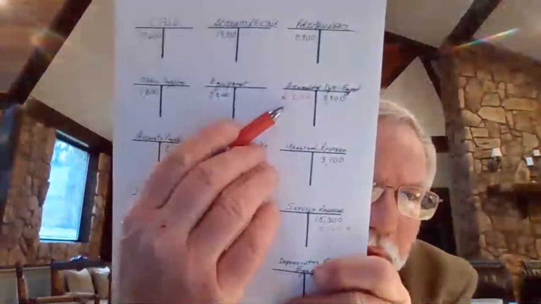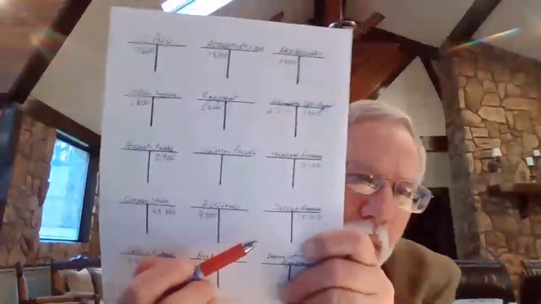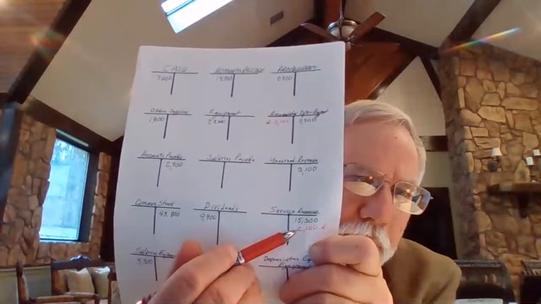And then I will credit service revenue for $2,100. So I reduced the liability, and I picked up the revenue for $2,100.